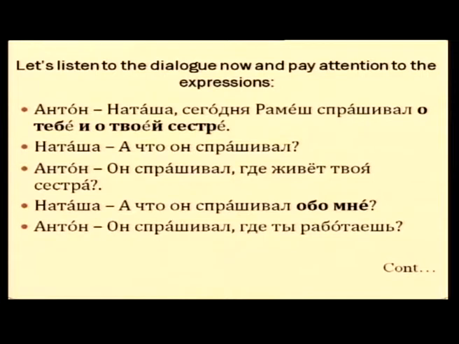Наташа, что он спрашивал обо мне? Антон, он спрашивал, где ты работаешь. Accordingly, if we pay attention to the personal pronouns in Russian, especially in the case of prepositions, when о ком and о чём are asked, for я it is обо мне.